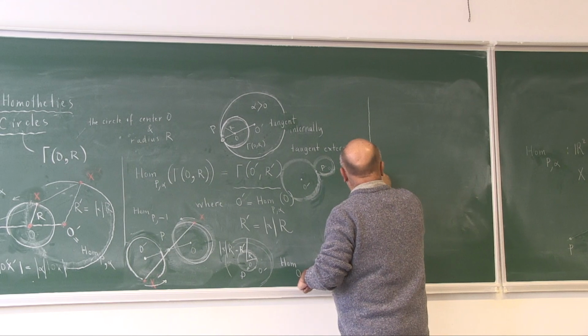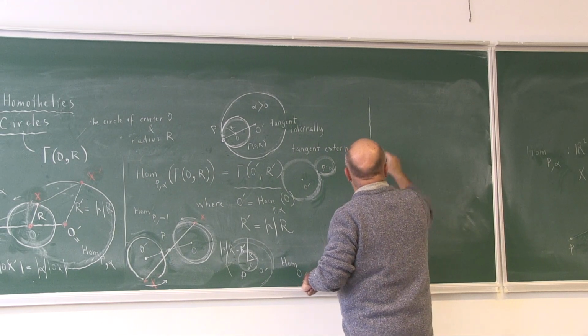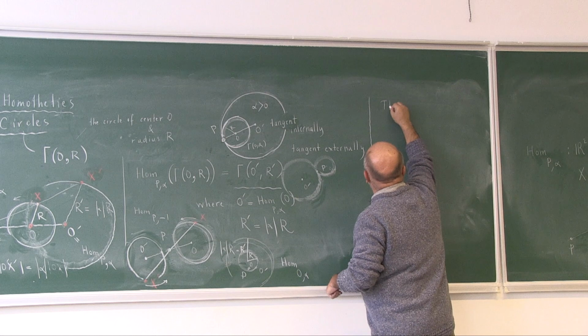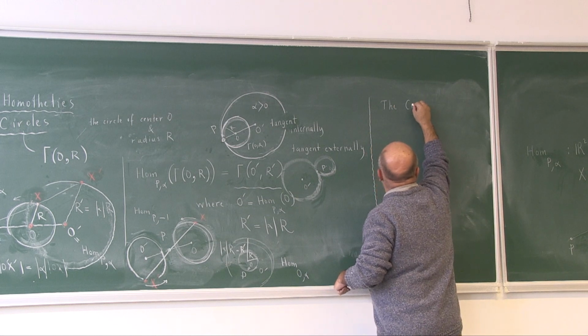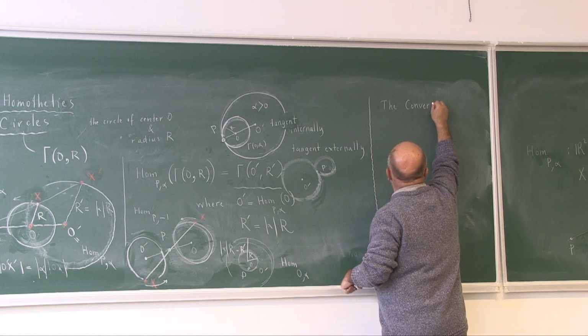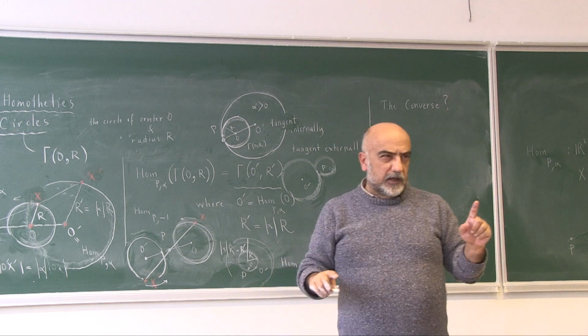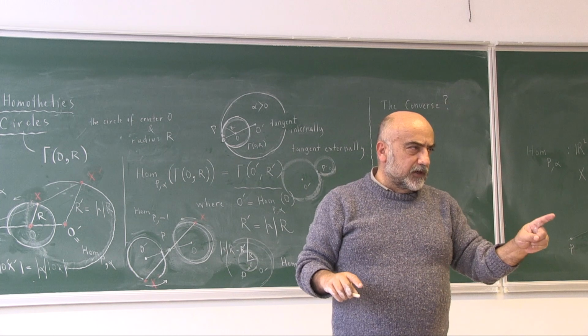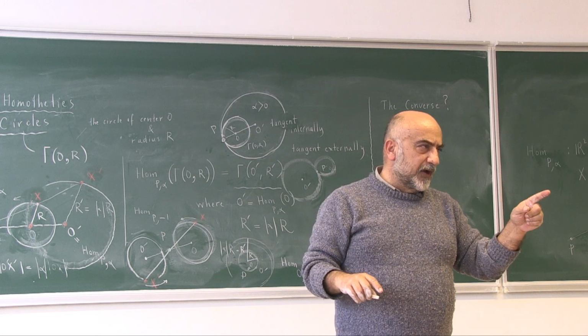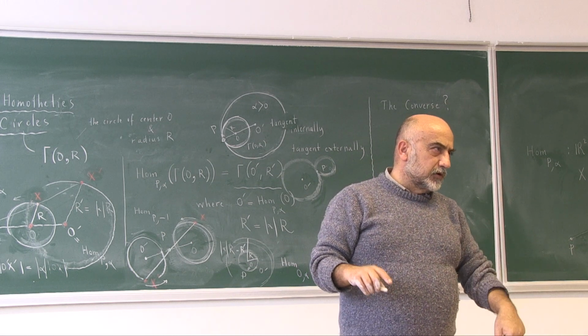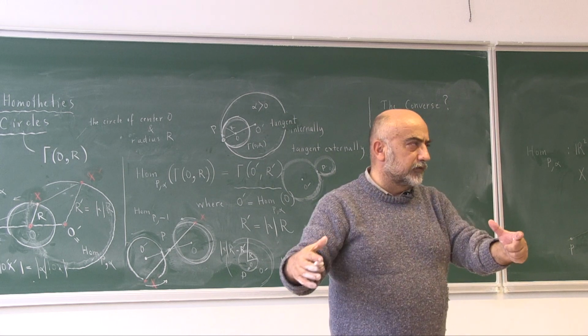Now I want to ask the opposite question, the converse, which is rather important. You give me a homothety and a circle, and the effect of the homothety is that the circle turns into another circle.